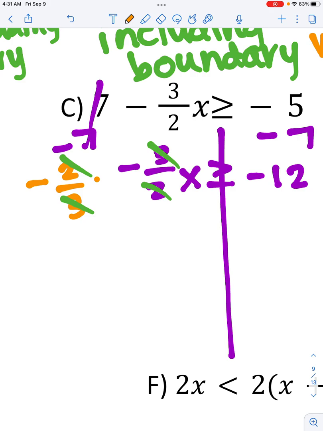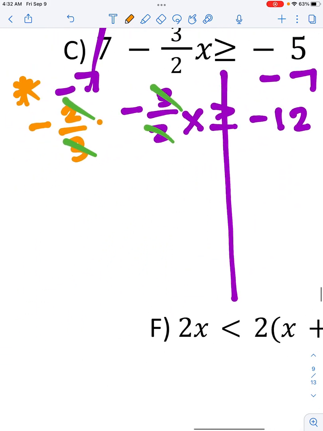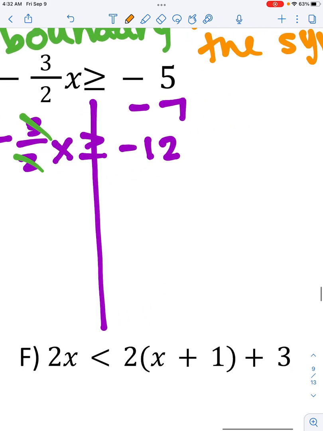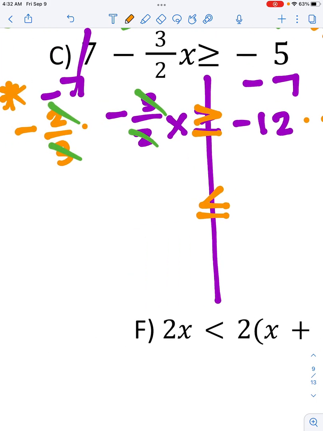But then notice that we're multiplying by a negative, so this rule is going to apply. And multiply this side also by negative 2/3, so I have to keep it the same. And then because I multiplied by a negative, I have to flip that symbol the other direction. And so on this side, because they canceled, I'm just left with x.